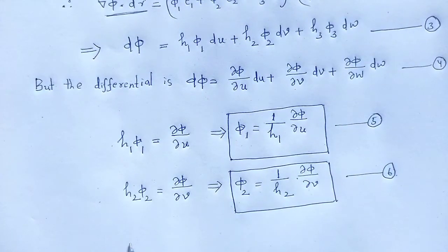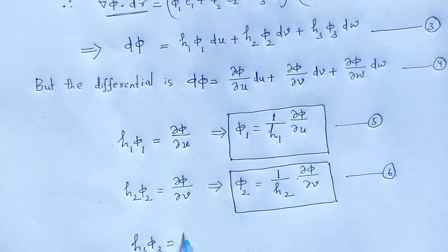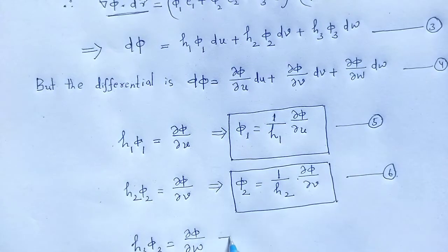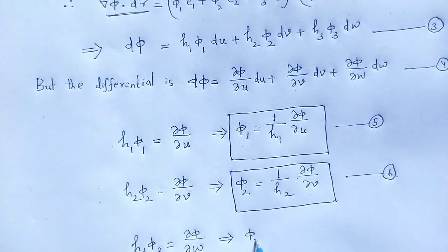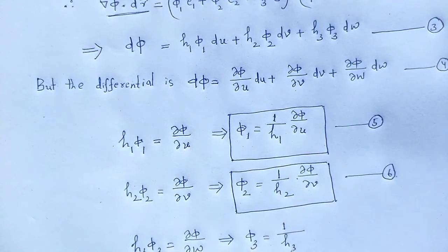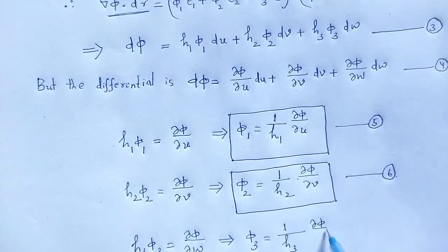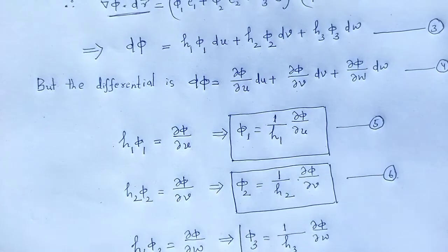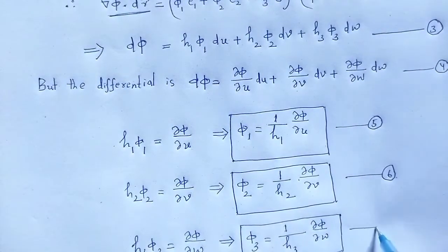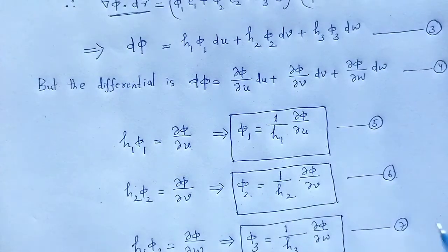Finally, h3 phi 3 is equal to del phi by del w, which implies phi 3 is equal to 1 by h3 del phi by del w. It will be equation number 7.